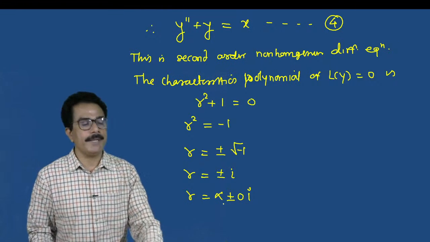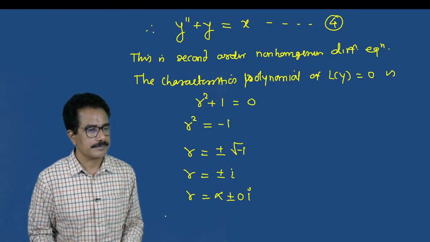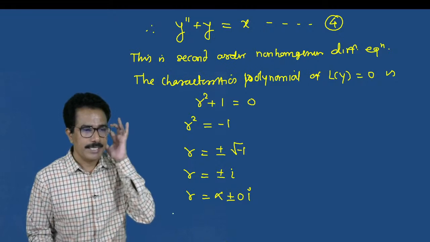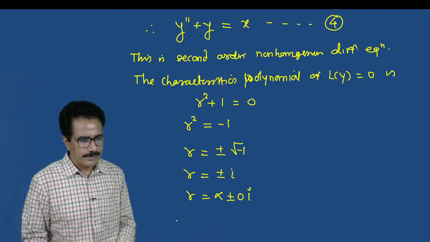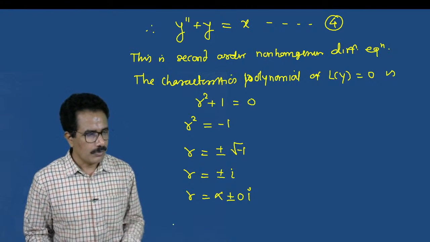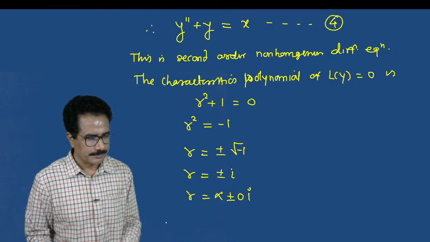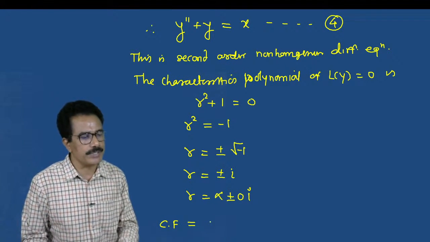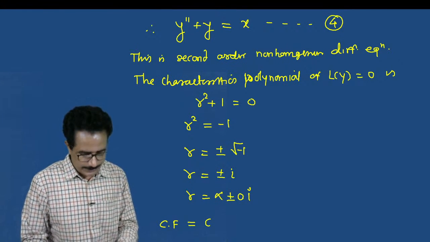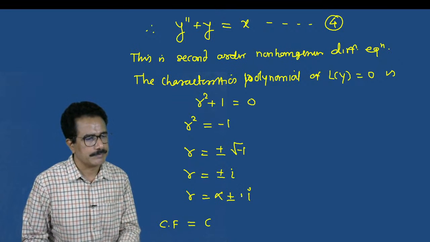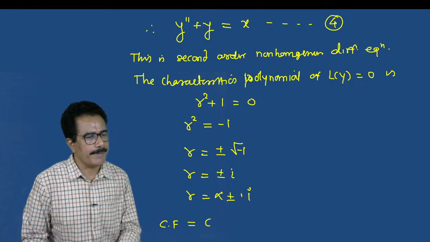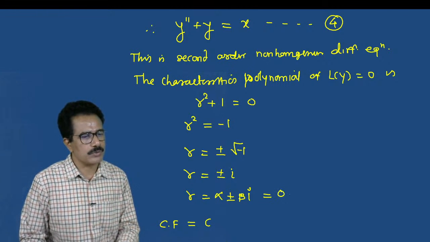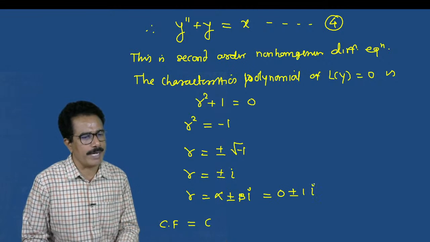So we can write the complementary function, the complementary solution. If the roots are complex, alpha plus beta i, that is equals to 0 plus or minus 1i.